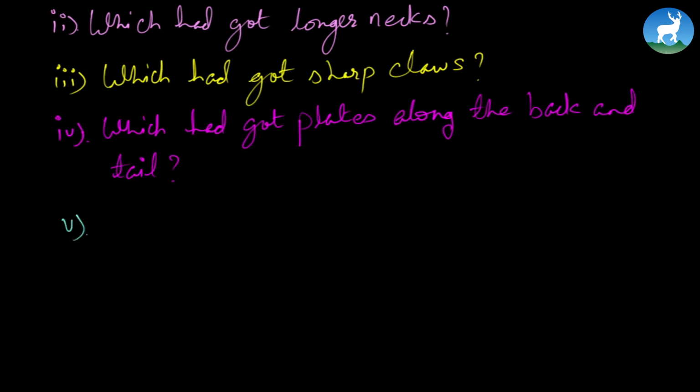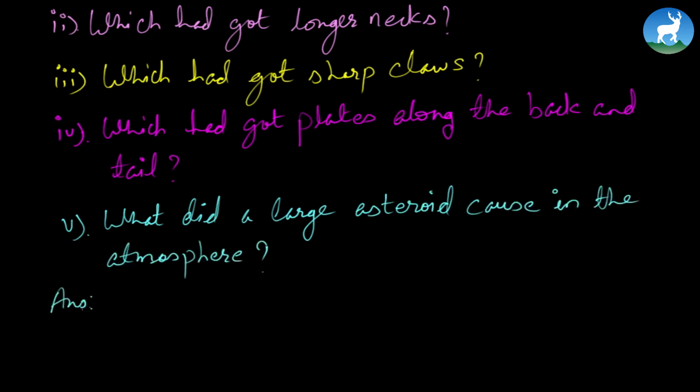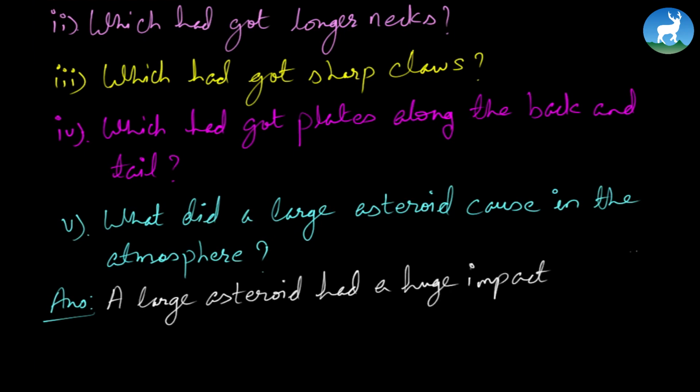And finally, number 5. Okay, interesting question, I would call it. What did a large asteroid cause in the atmosphere? So when you write an answer like this, you can add something on your own, like for instance, a large asteroid had a huge impact in the atmosphere.